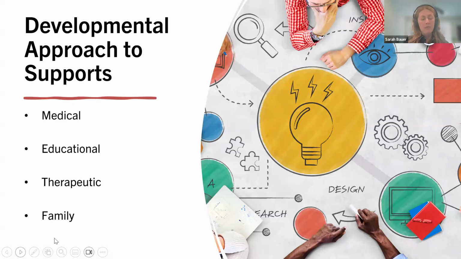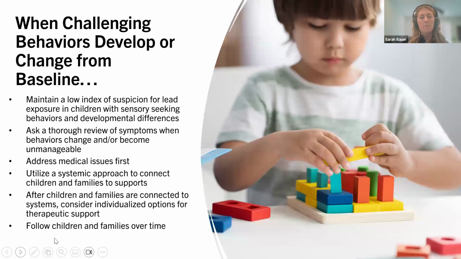So then how do we make sure that the message is out there in terms of supporting providers, educators, families, accessing those systemic resources that we have to make sure that they're getting the help they need? And I think from a system standpoint, I think about medical interventions, I think about educational, therapeutic, and family support.